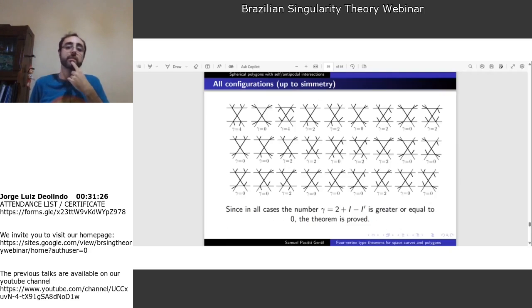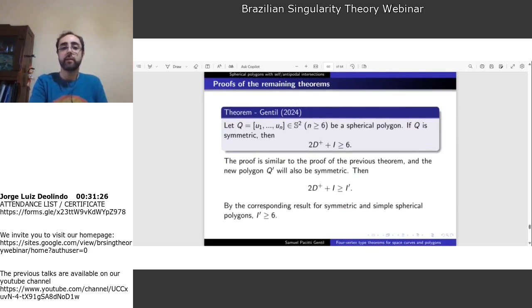And that's the idea of the proof. The other two theorems follow along the same lines. The case where the polygon is symmetric follows simply by the fact that we can do the previous procedure, but noticing that the new polygon will also be symmetric.